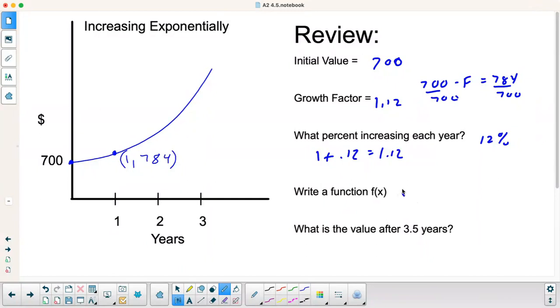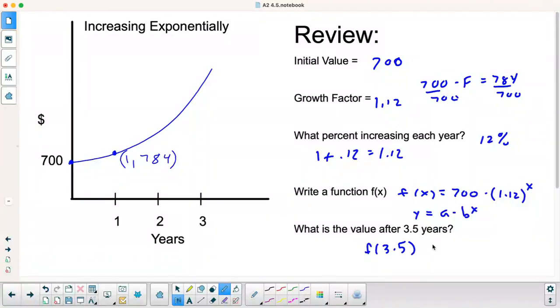So my function, your initial value, 700 times your growth factor to the x power. Okay, and that comes back from y equals initial value a times b to the x. So then to find 3.5 years, we could now just plug it into my function.